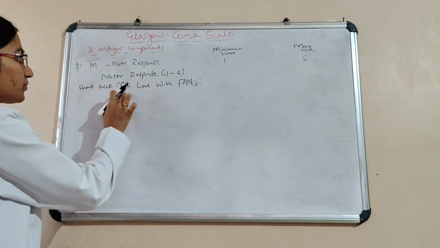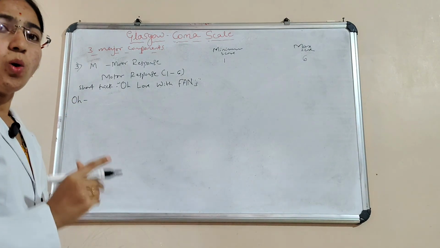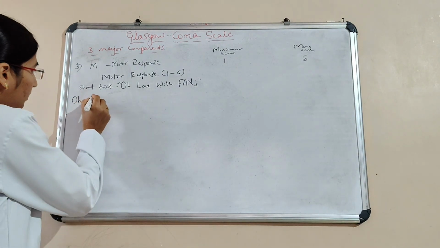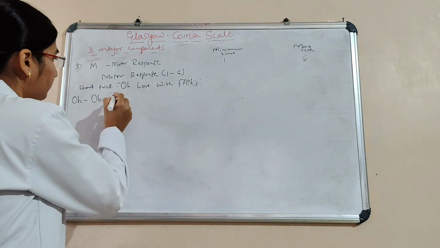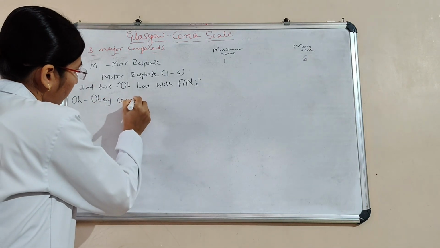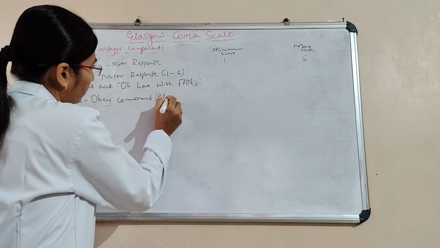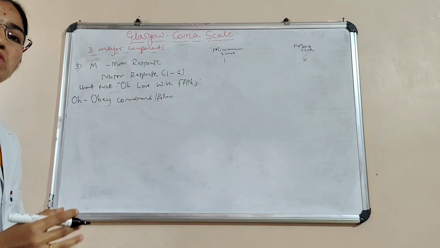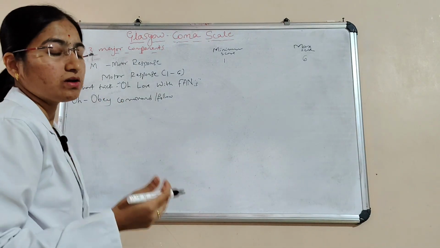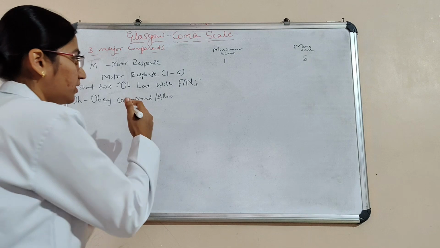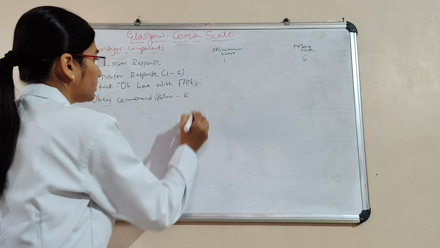Motor response: here that O stands for oriented, obey command or follow. What he will say, that person is going to do. He will listen and obey his command, the examiner's command. We can give the maximum score 6.